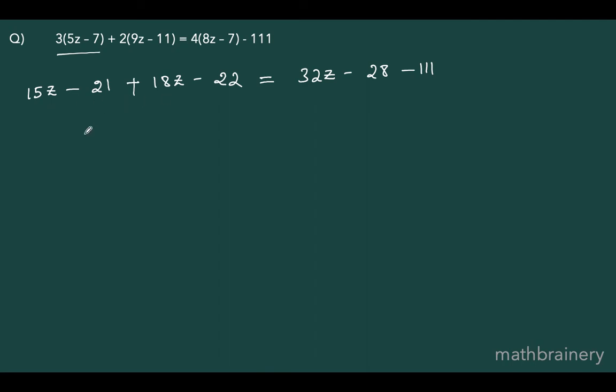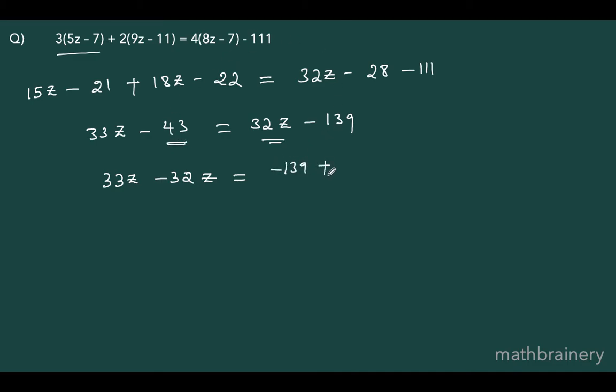15z plus 18z is 33z minus 21 minus 22 is minus 43. This is equal to 32z minus 28 minus 111 is minus 139. Let's now transpose this 32z to the left hand side. You'll have 33z minus 32z is equal to, transpose negative 43 to the right hand side, you have minus 139 plus 43.